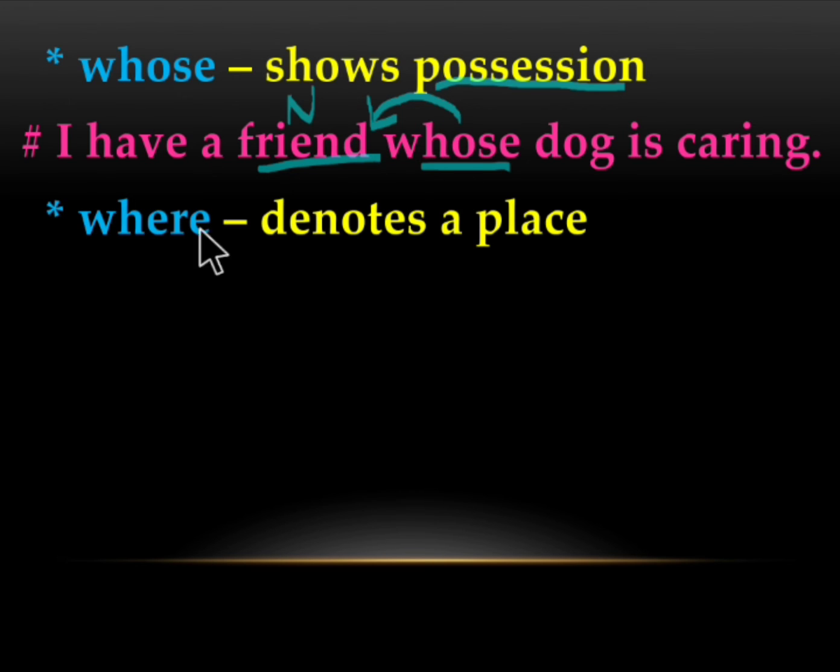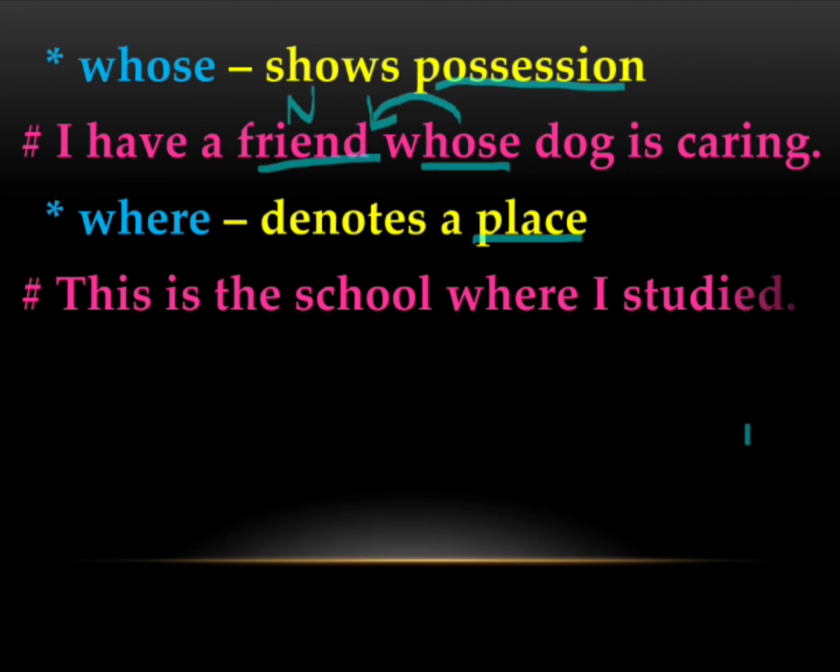Next is where. Where denotes a place. This is the school where I studied. Here, school is the noun. Where is the relative pronoun that describes school.